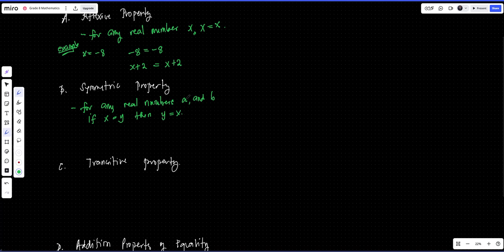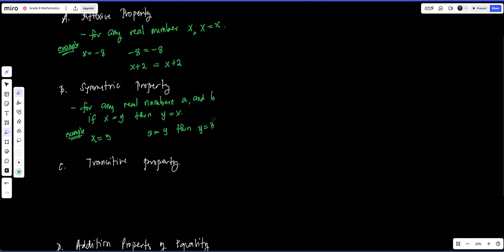Or let's say if x is equal to 3, using the symmetric property, we can say that 3 is also equal to x, or y is equal to 3.